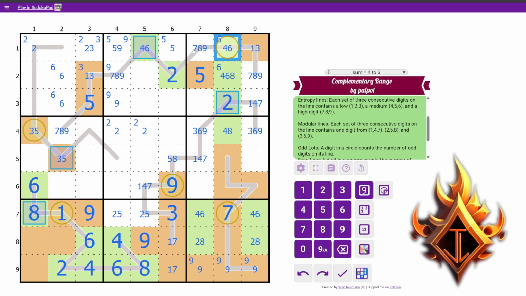But we do have 3 odds there, though. Yeah, but it's still okay for there to be 4 odds, right? One of these would be the 4th odd.